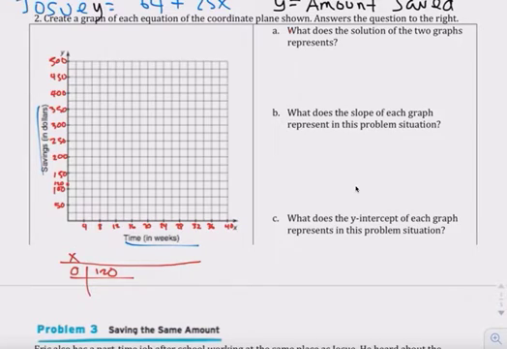Eric also has a part-time job after school working at the same place as Josue. He heard about the money Marcus and Josue were saving and decided he wanted to do the same thing. Eric has $25 in his savings account and will save the same amount as Josue, $25 per week.